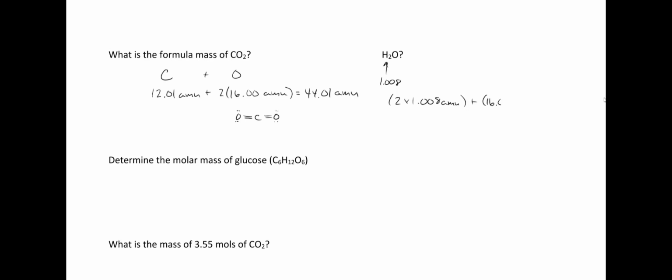So we have one of those times 1, so I don't need to put that in. And this would add up to 18.02 AMU. So that is the mass of just single molecules of each of these compounds.